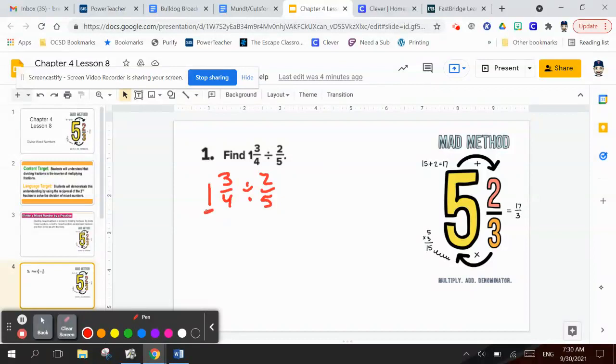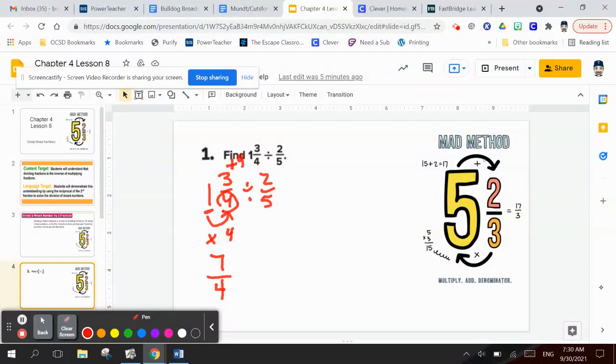Okay, so I'm going to take 1 times 4. 1 times 4 is 4. I'm going to add that to my numerator. So 3 plus 4 is 7. My 4 stays my denominator here. So there's my fraction. 1 3/4 is the same as 7/4.